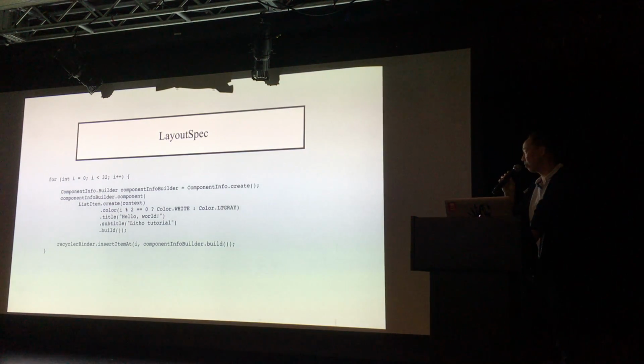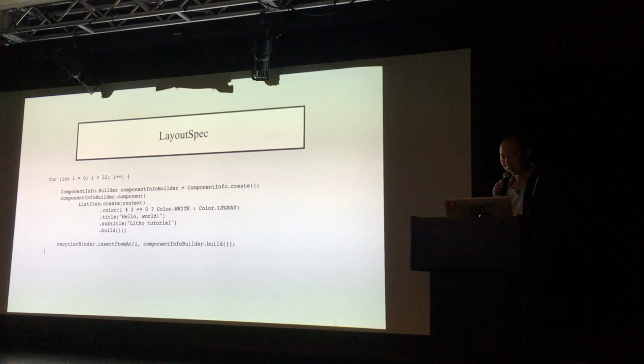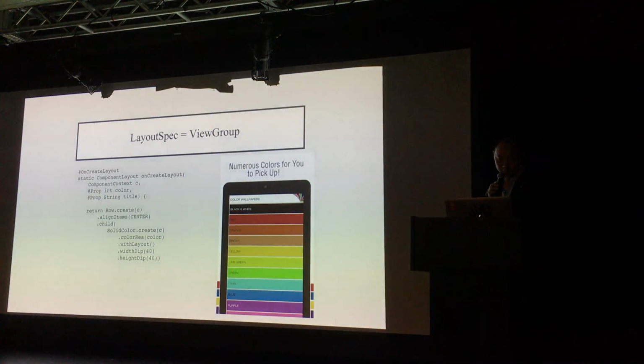So once you have a view created, I have a recycler binder, which I'll go over in the next slide. The recycler binder is equivalent to a RecyclerView Adapter, and you can insert the component that you created from Litho. I have a list item that creates a color, passing the color value and title, which are prop values, prop color and title.